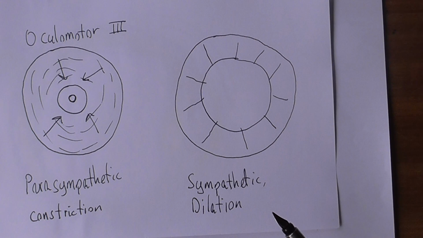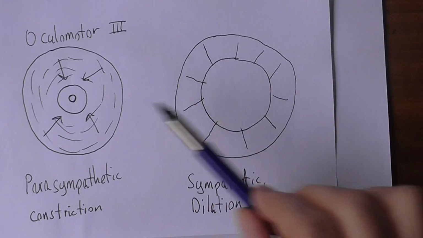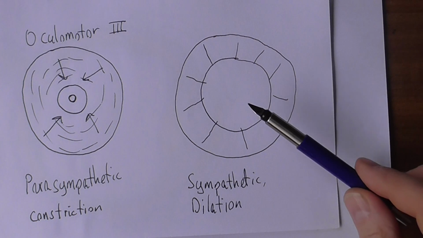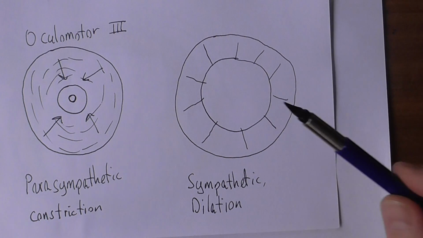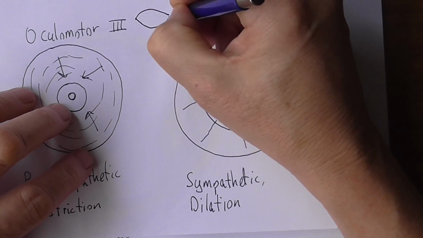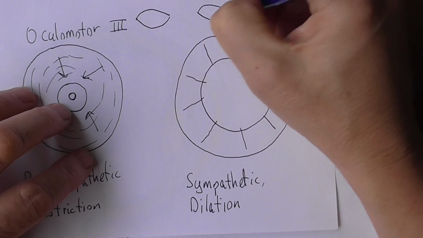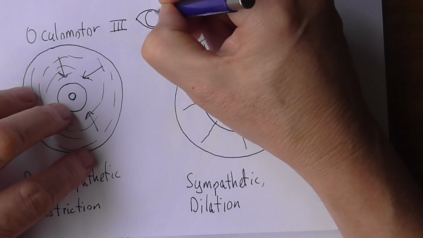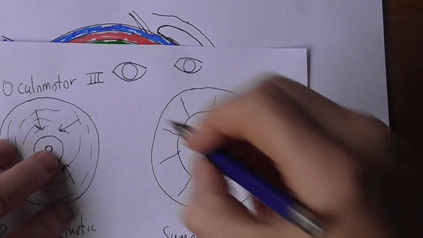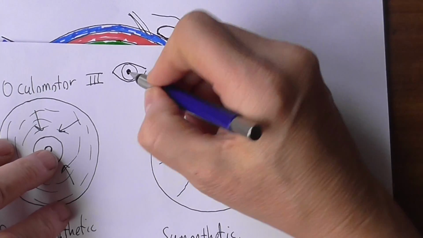Now, one of the key things about our observations of pupils is to note whether they are equal or not. So normally if we shine a light in one eye, if we think about both eyes here, we have an eye there and an eye there. And if we shine a light in one eye, then we would expect both pupils to constrict.